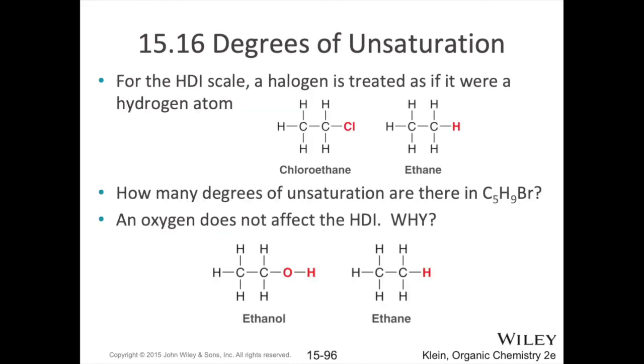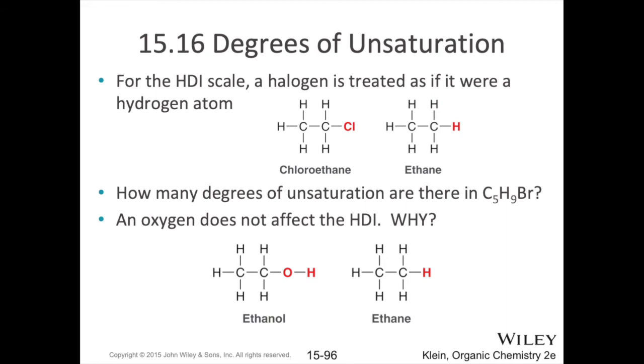Now, in addition to rings and pi bonds, there are other pieces of information we can get from heteroatoms. For example, if we have a halogen, because halogens like to form just one bond, just like hydrogen, you can swap out halogens for hydrogens.